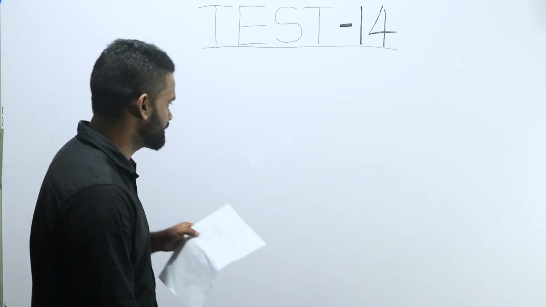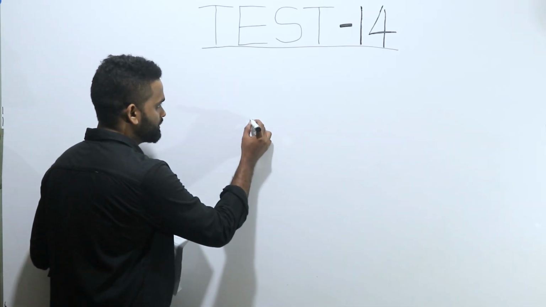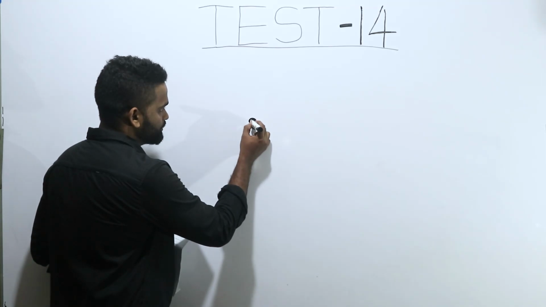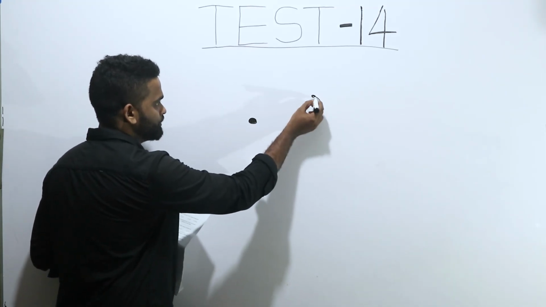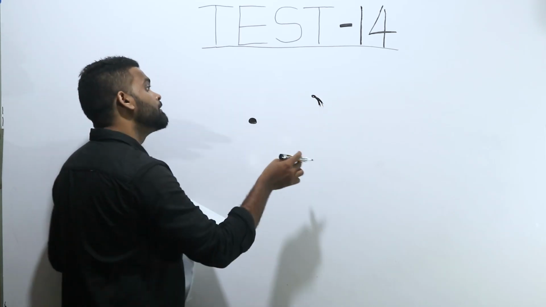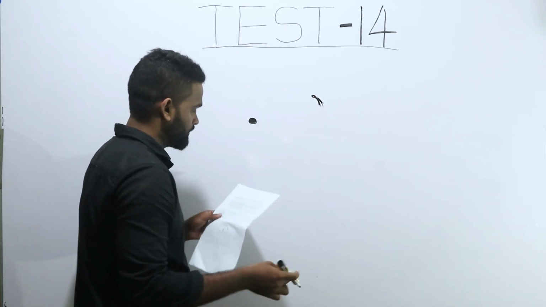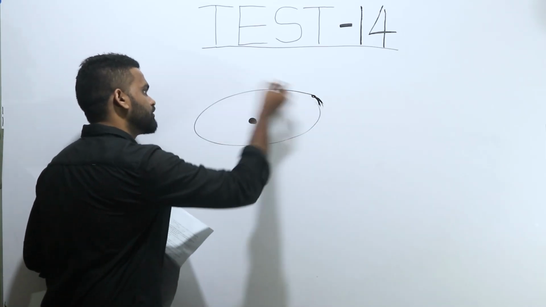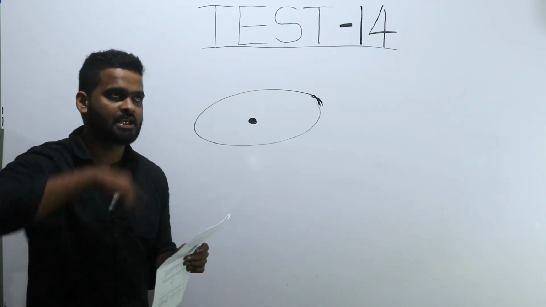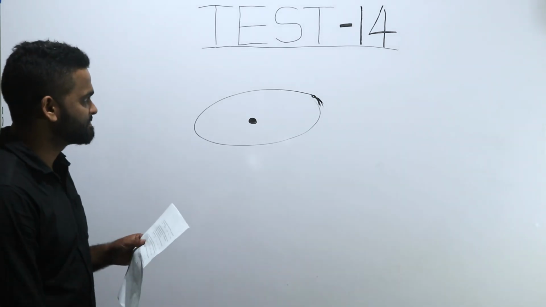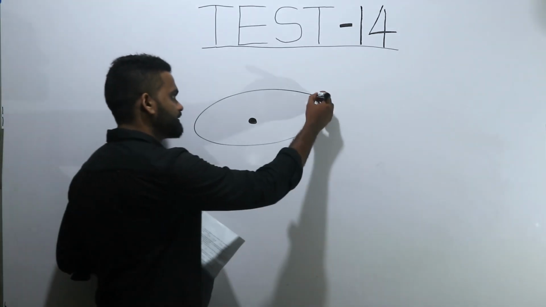So a comet, you know the comets, right? Usually if this is the Sun, comets have a tail, right? You don't need that, but it has a tail. So these comets rotate around the Sun, mostly in an elliptical path.